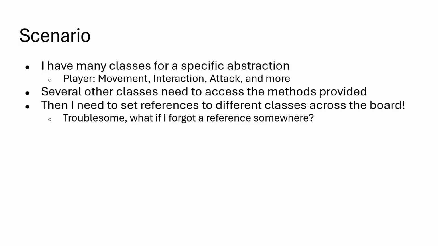Because you just can't Control F the entire code base and type out player movement, player attack, player interact every single time and check which part of the code base has a reference to it. It makes it very troublesome to track the entire code base development.